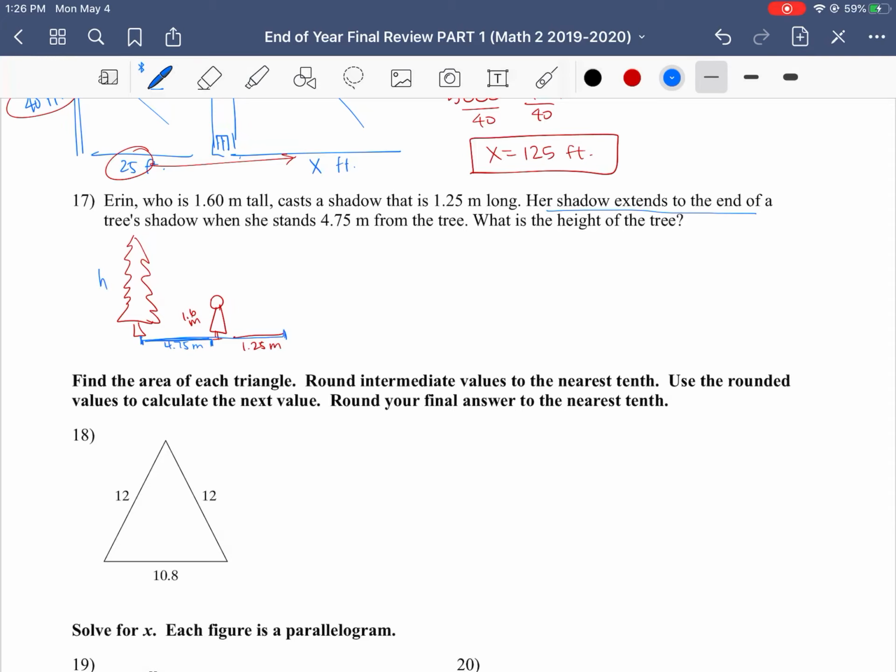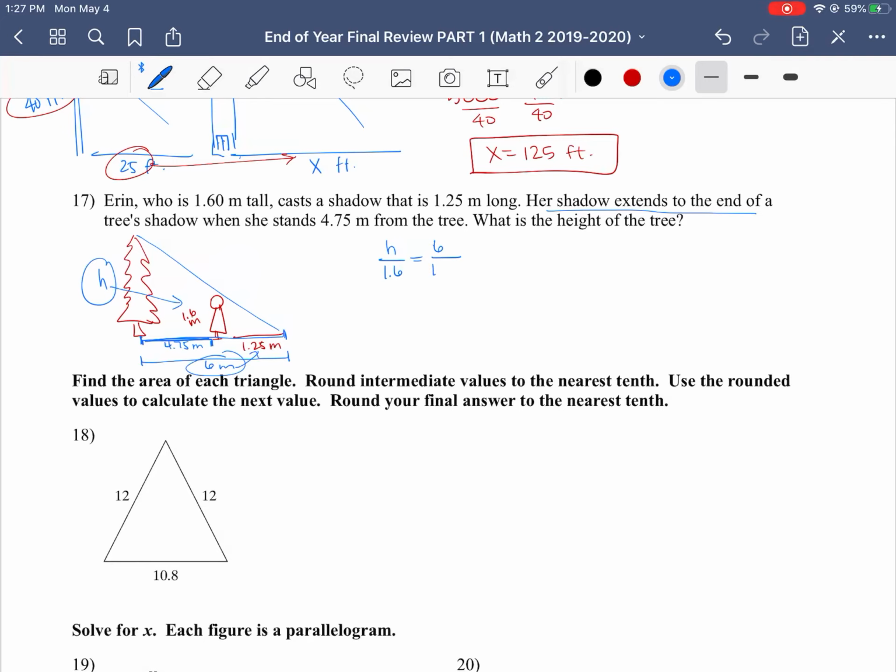And what is the height of the tree? So again, notice you've got two triangles here. We could say, well, the height of this tree is to the height of Aaron, so h is to 1.6, as the length of the tree shadow. If you look at the full length of the tree shadow, you've got to add those together. So if you add that together, that's 6 meters.